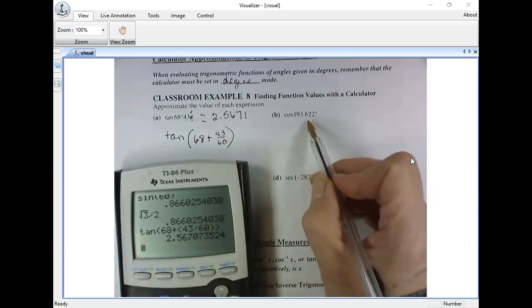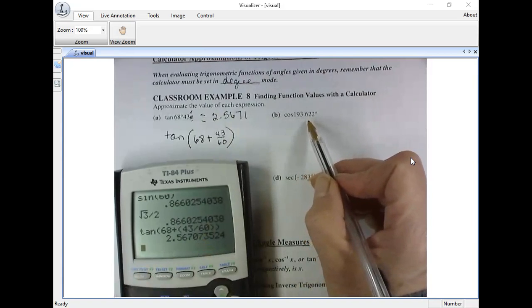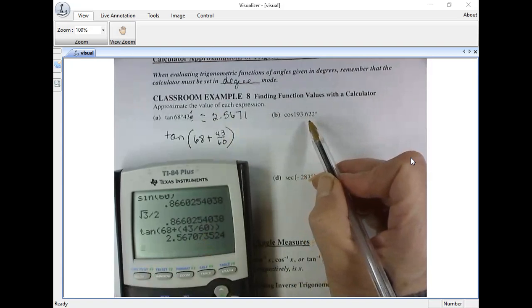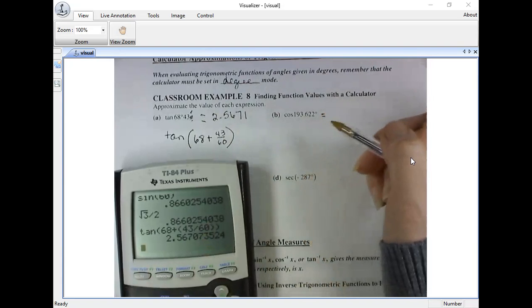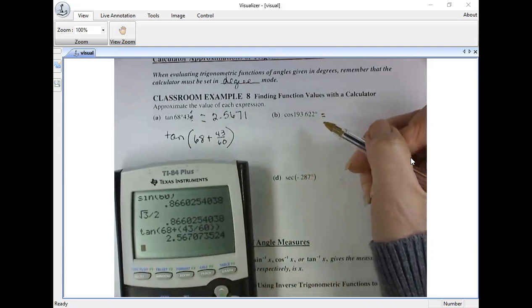Okay, now this one's already in decimal form. You guys type that in, cosine of 193.622 degrees, and let's see if we can get that rounded to 4 decimal places.